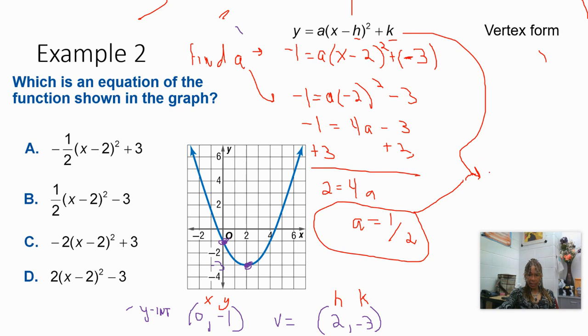So what I've got is y, any y that is my output for whatever x I choose, is going to equal 1/2 times x minus, what was my h? My h was 2, quantity squared, plus, what was my k? My k, make that a minus sign, 3, or plus -3.